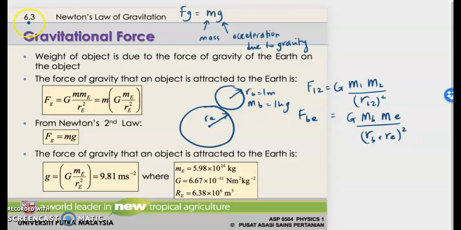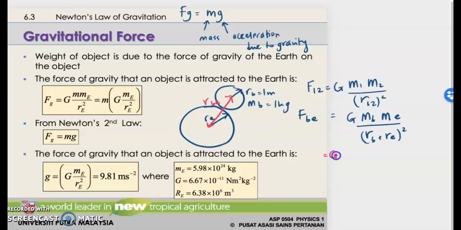This is how you get the radius between the ball and the Earth. So this guy is RBE. Right? Okay, so that is now 6.67.